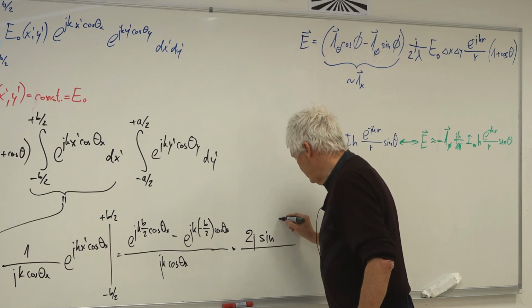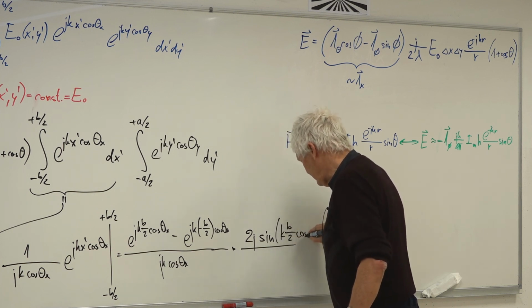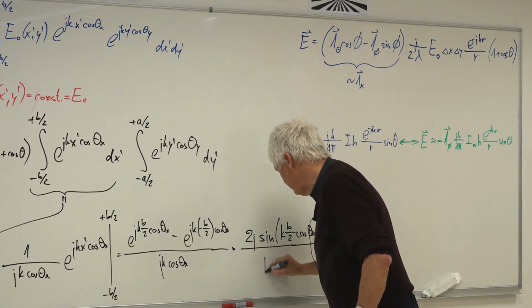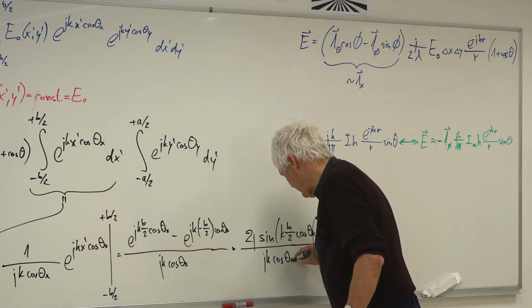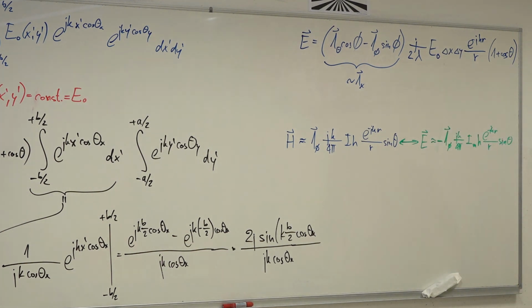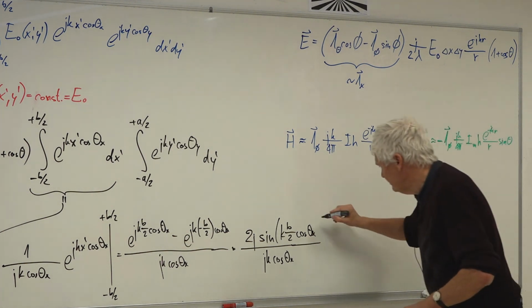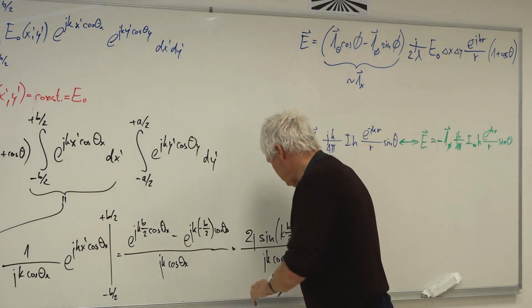So sine of k b half cosine theta x, and in the denominator I'm left with j k cosine theta x. Oh, here the parenthesis is missing. So j cancels out.